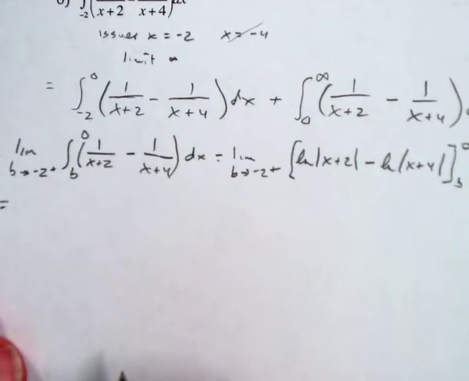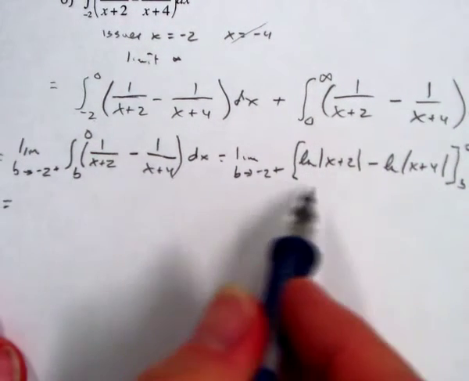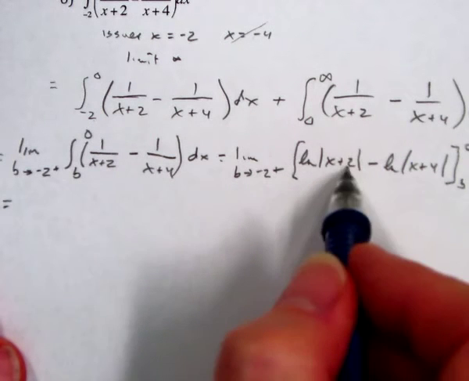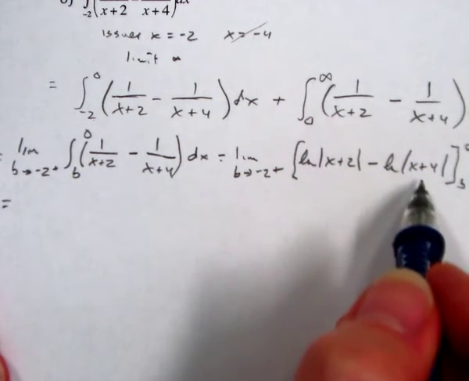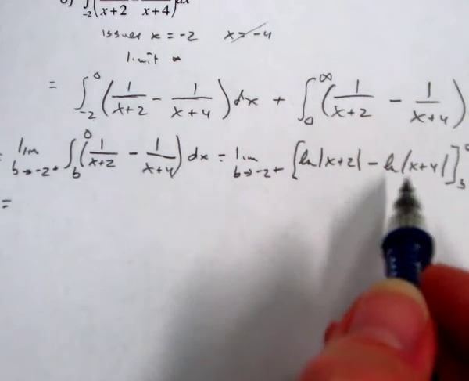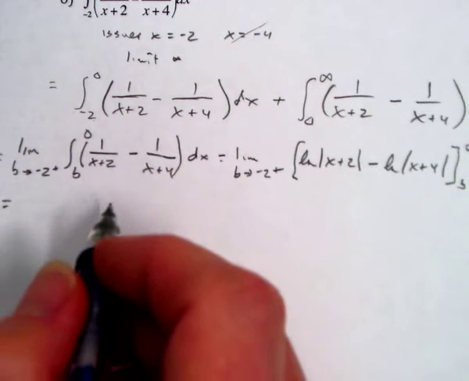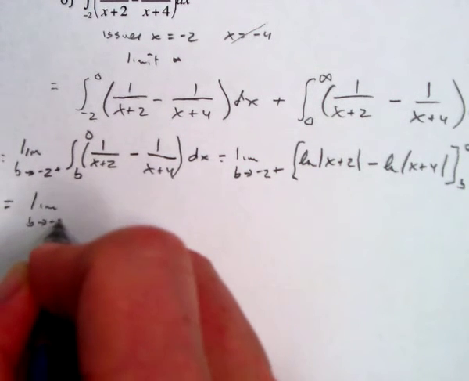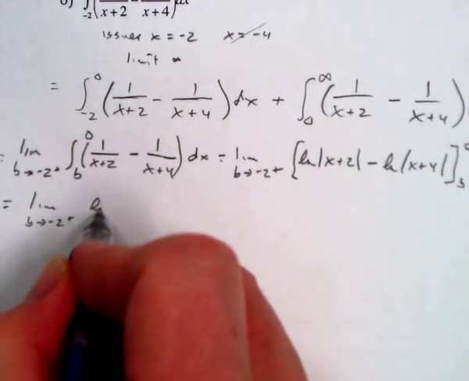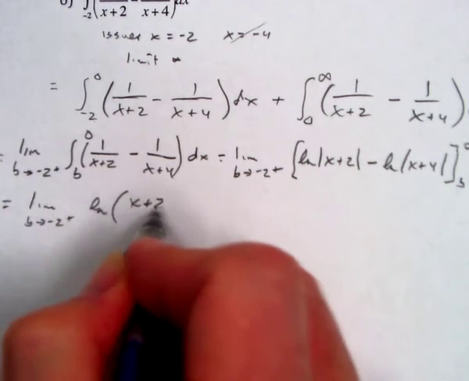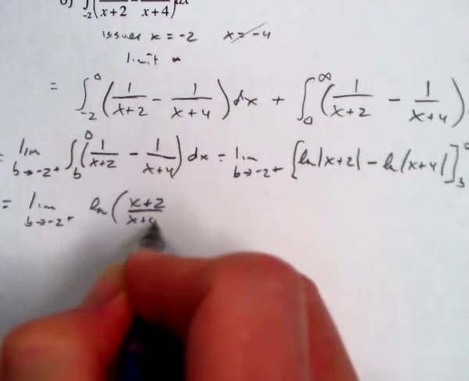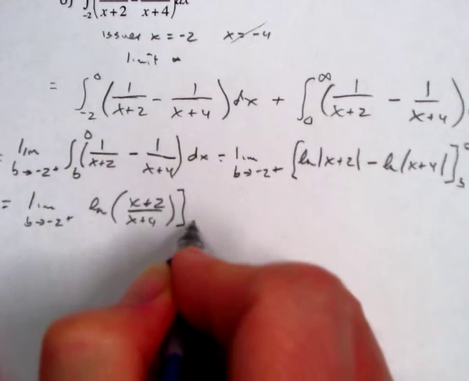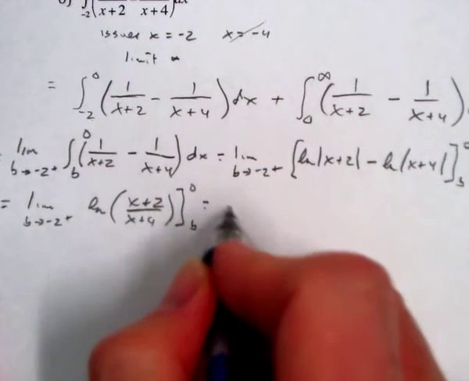Let's come back, and since on this interval these values are positive, we don't need the absolute value there. So we can just write the limit as b goes to negative 2 from the right side of the ln of the quotient x plus 2 over x plus 4. Still need to evaluate it from b to 0.